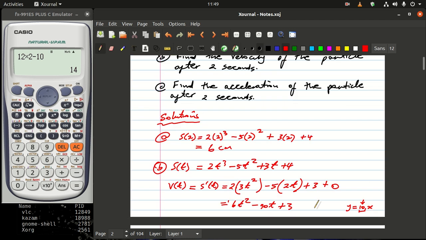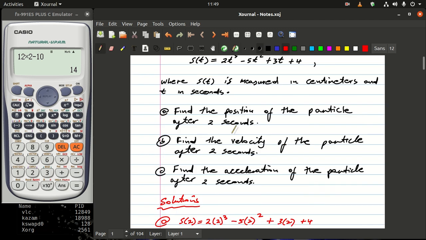I hope you understood that what we're doing here is taking the first derivative, the second derivative, and the third derivative when we're looking for acceleration and also the velocity.